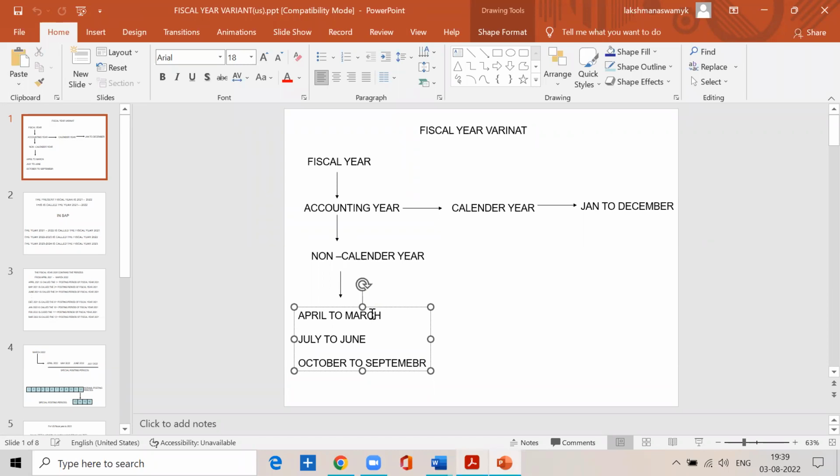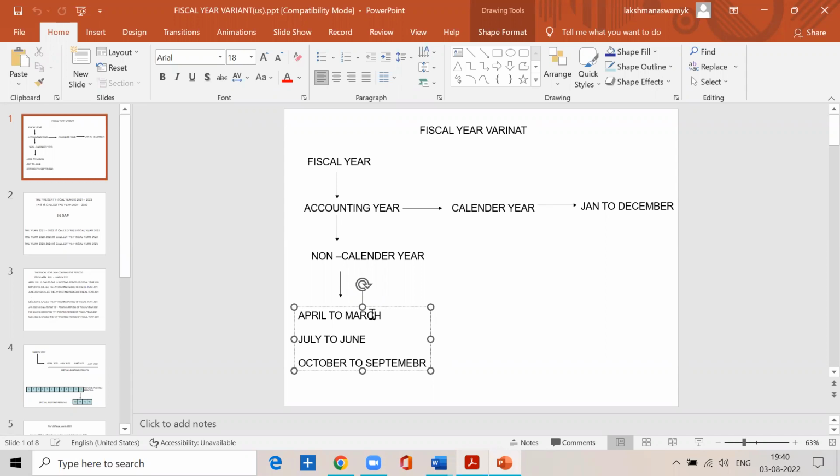In India, we have one parliamentary act, the Indian Income Tax Act 1961. That act clearly specifies that every business organization should maintain the books of accounts for a period starting from April and ending with March. That's a legal requirement. That's why in India, we use April to March as a fiscal year.